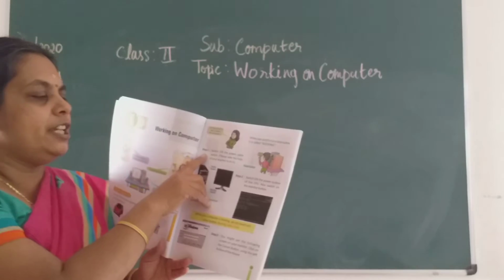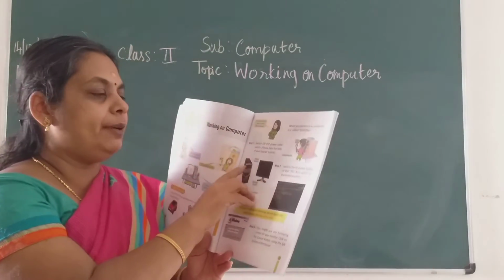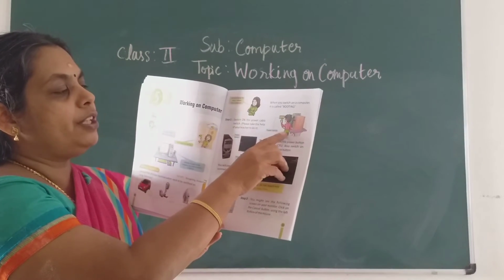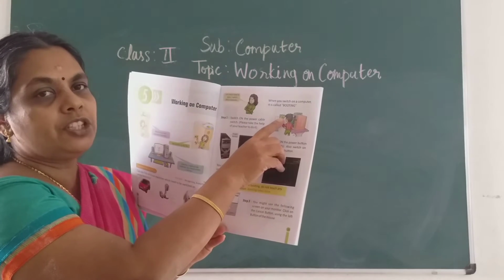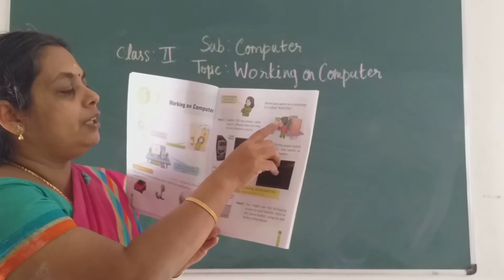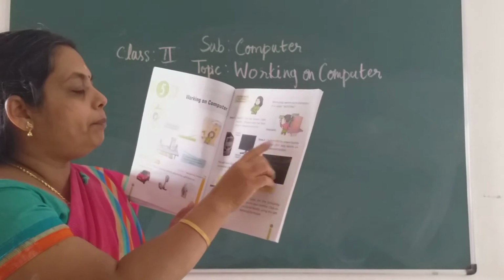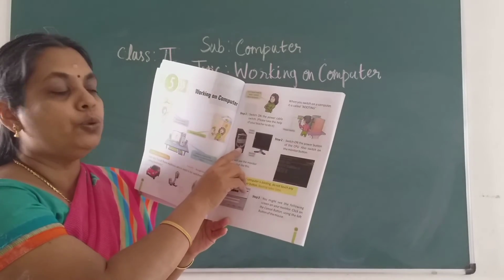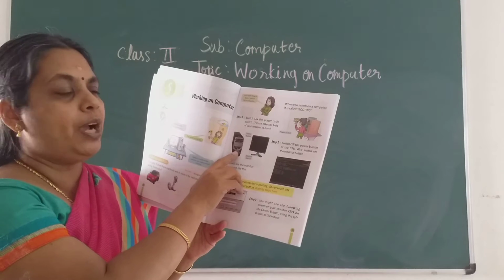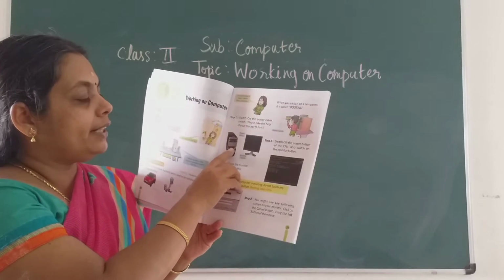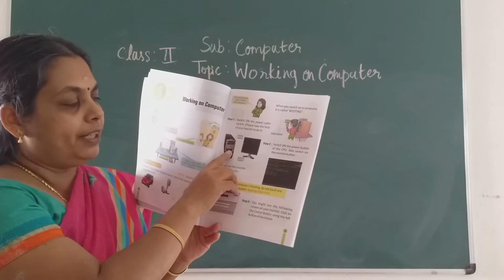The first step, you switch on the power cable. See this boy, what is he doing? First he is switching on the power cable. Then he switches on the power button of the CPU. Within the CPU you have a power button. Click on that power button.